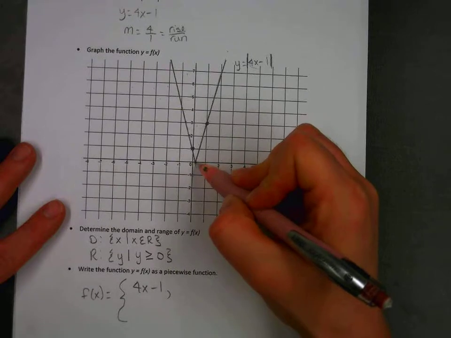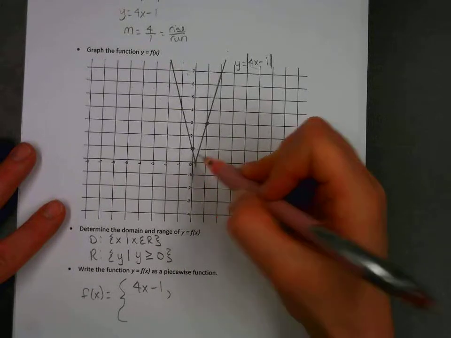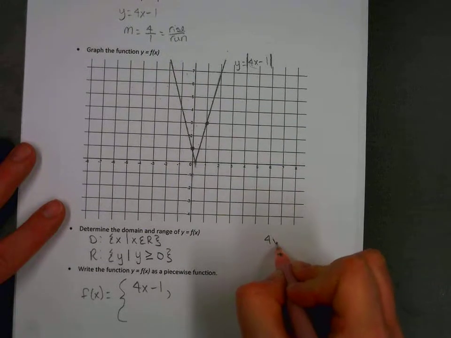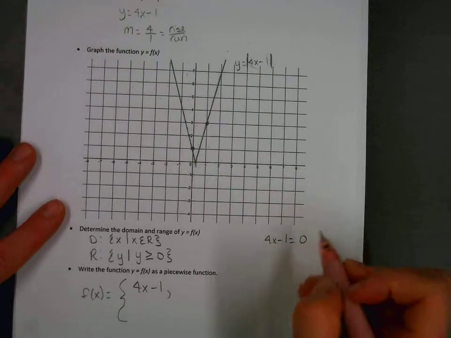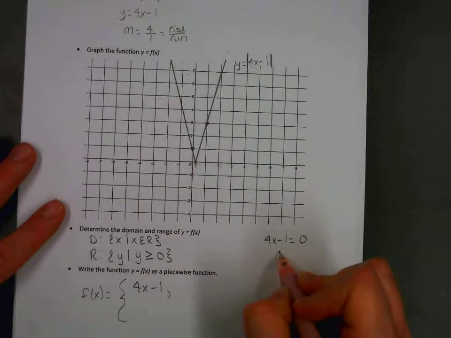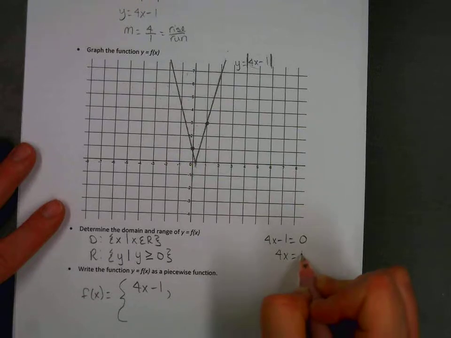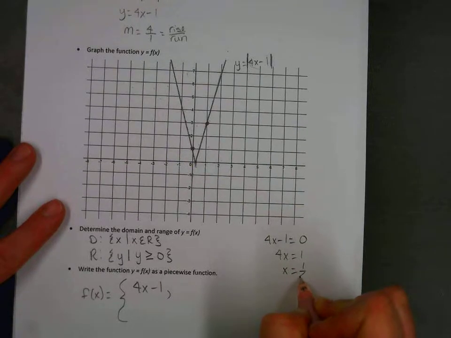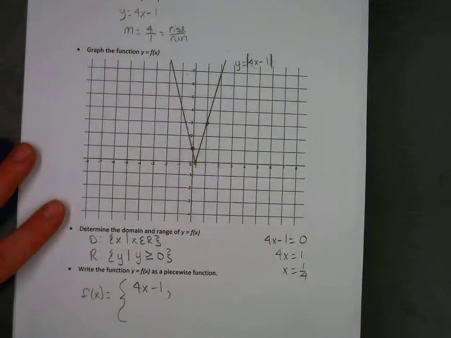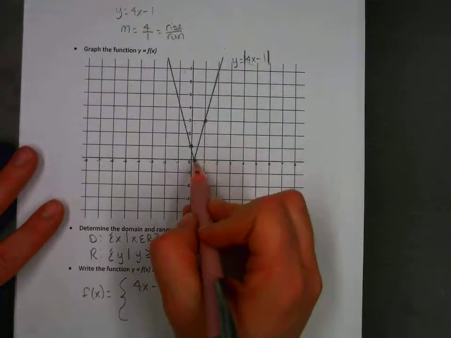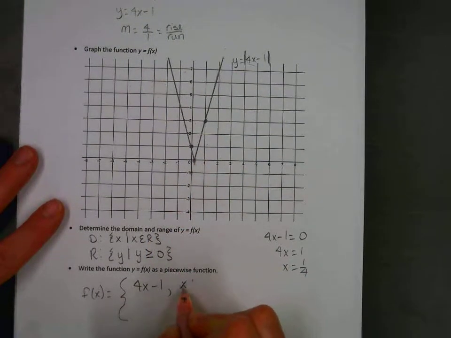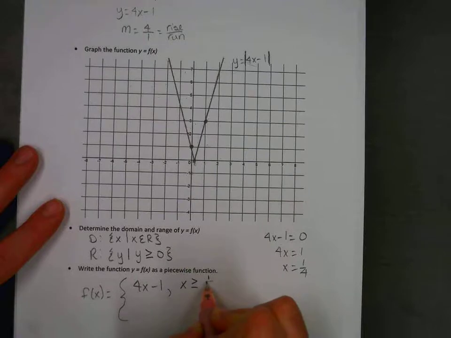Well, if we were to solve this expression for my x-intercept, my x-intercept would be 1/4. So therefore, all of my x values in this case would have to be greater than or equal to 1/4.